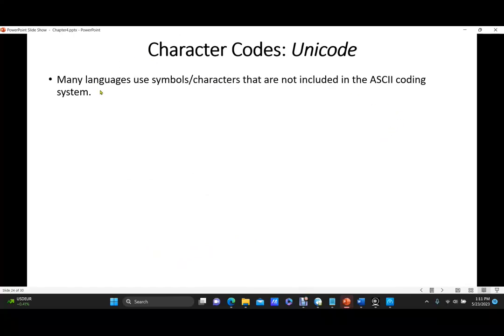Of course, many languages use symbols or characters that are not included in the ASCII coding system.